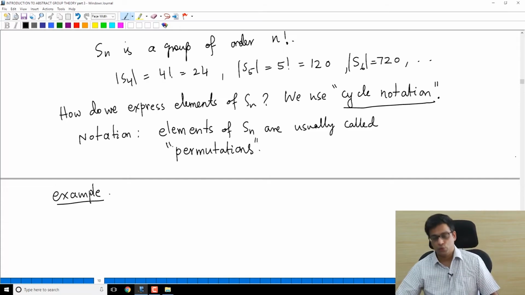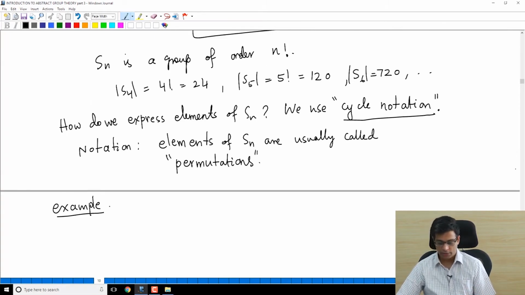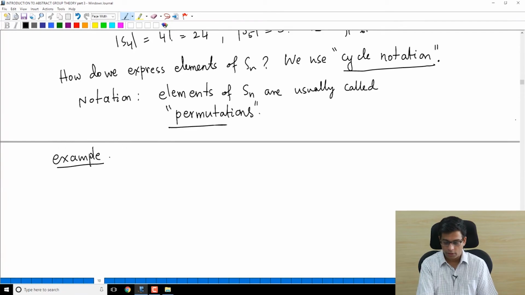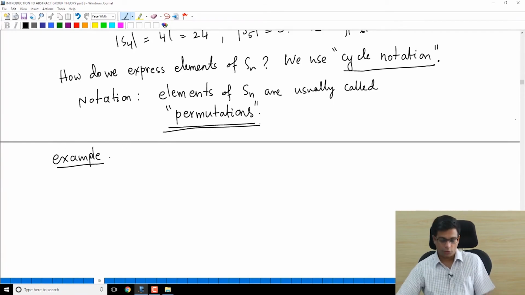Instead of using the word bijection, let's use the word permutation. Permutation is just another word really for bijection. It's about if you take n elements, how do you permute them? How do you map those n elements to themselves again? So that's really a bijection. But this is a more mathematical term, so we use the word permutation.